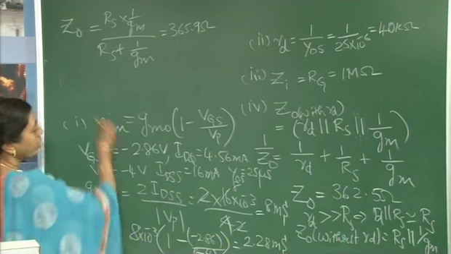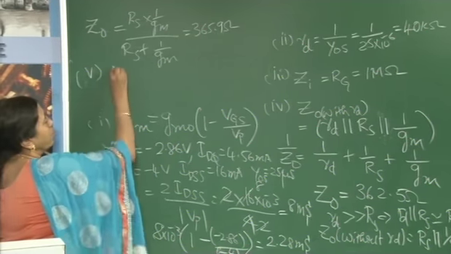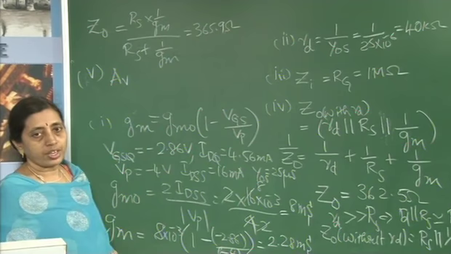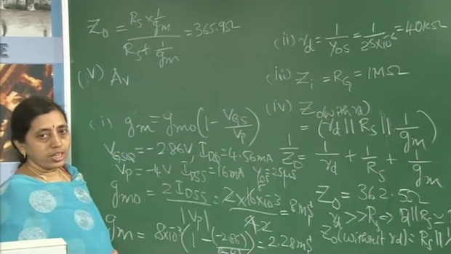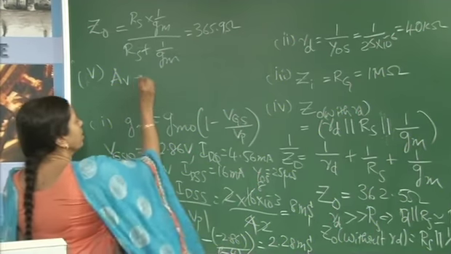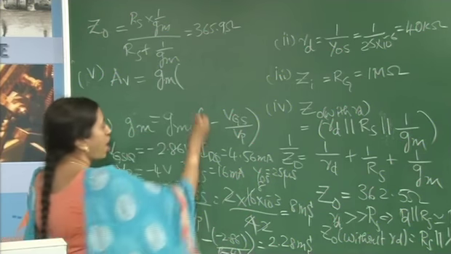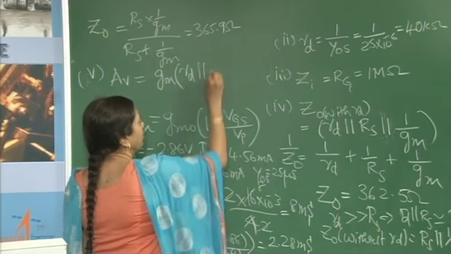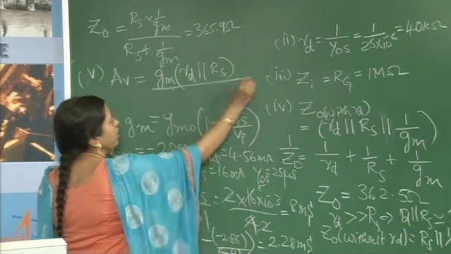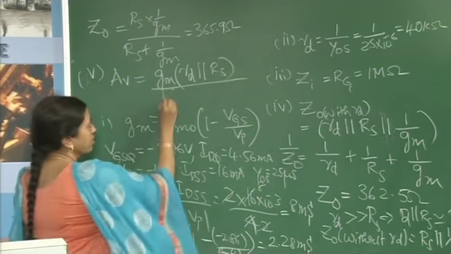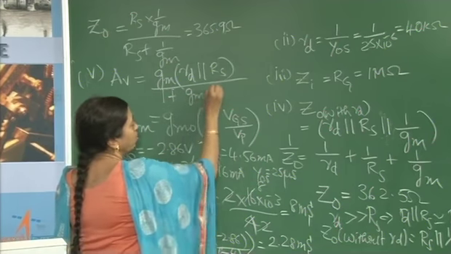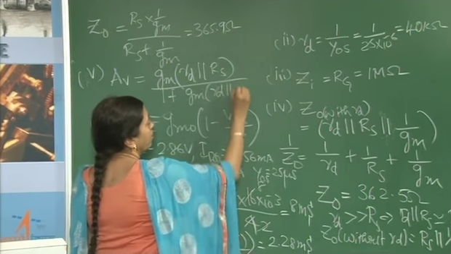Next parameter is to evaluate AV, voltage gain. So, voltage gain is given to be equal to GM into RD parallel with RS divided by 1 plus GM into RD parallel with RS.